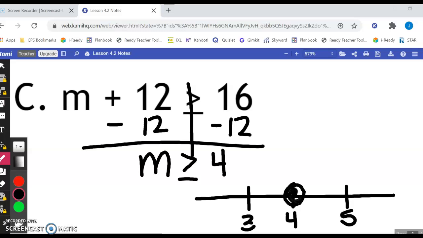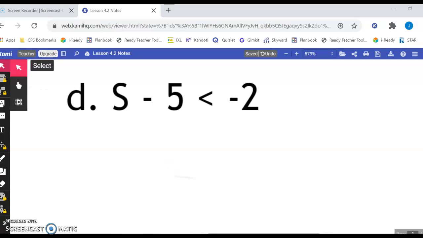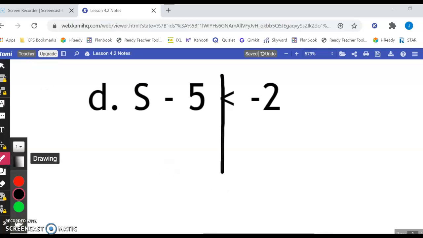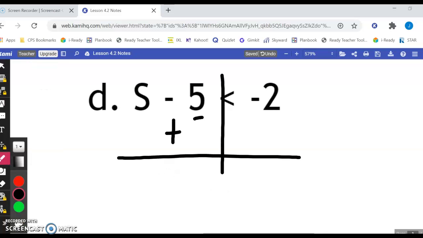This is including 4, it's equal to, and m is greater than or equal to 4, so we're going to shade to the right. And for part D, we are going to add 5 to both sides.